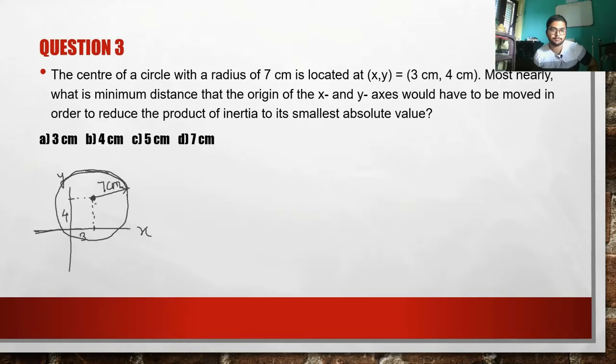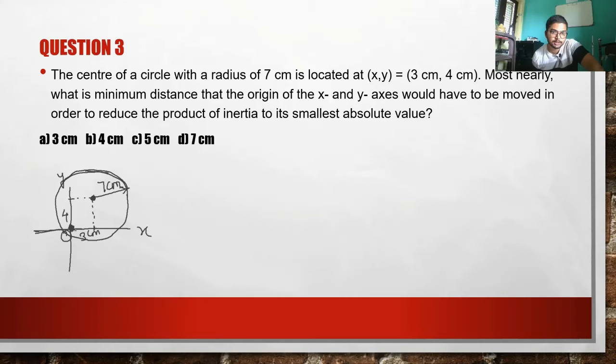Now he is saying this is origin, that is the meeting point of x and y axis. This is origin, this point. Now he is saying this origin needs to be shifted. He is asking what is the minimum distance that the origin of x and y axis would have to be moved in order to reduce the product of inertia to its smallest absolute value.